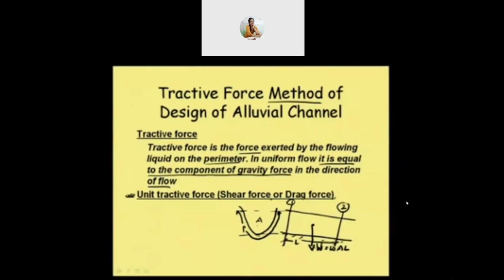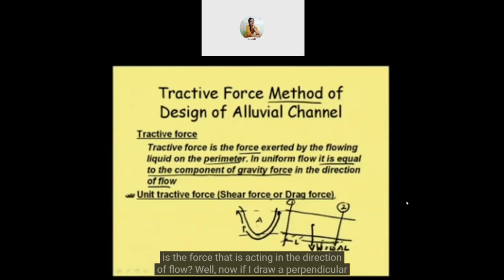Now, what is the force acting in the direction of flow? If I draw a perpendicular line to the bed, then this angle is theta, because the slope is theta. If I give this angle here, this is also theta.